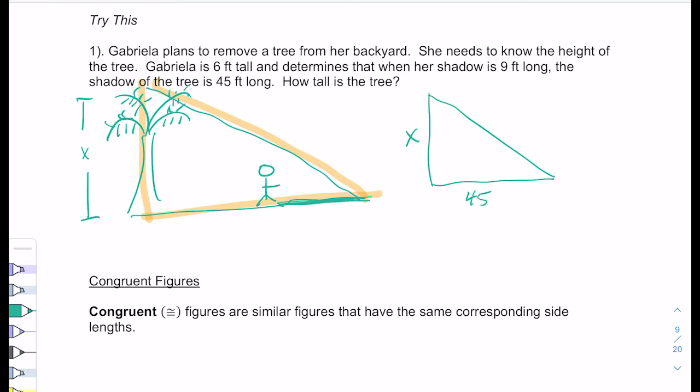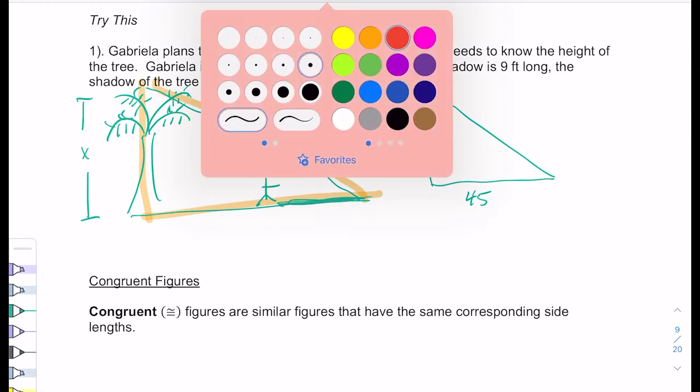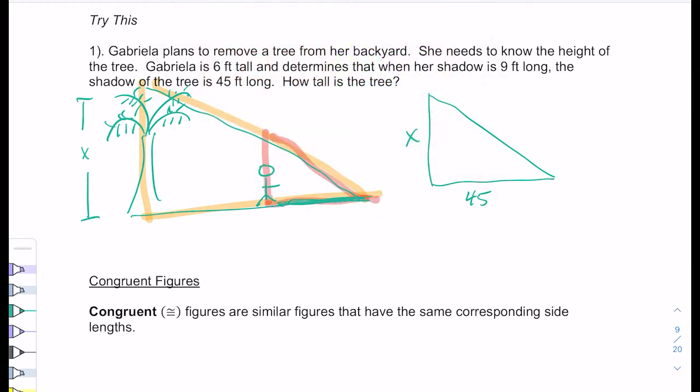And then I've got my other triangle, which is here. And that's Gabriella and her shadow. So we know it told us Gabriella is 6 feet tall and her shadow is 9 feet. So we've got two similar triangles, which remember means their corresponding angles are equal, and their sides are proportional.